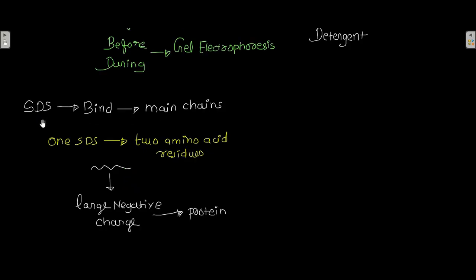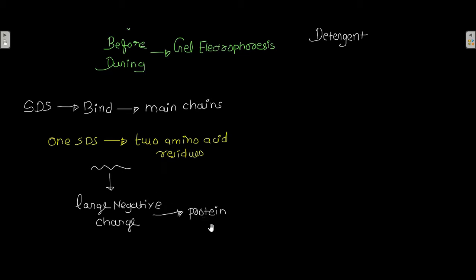Now this SDS binds to the main chains of the proteins in the ratio of 1 SDS to 2 amino acid residues, and because of this there is a large negative charge on the protein to which the SDS is binding.